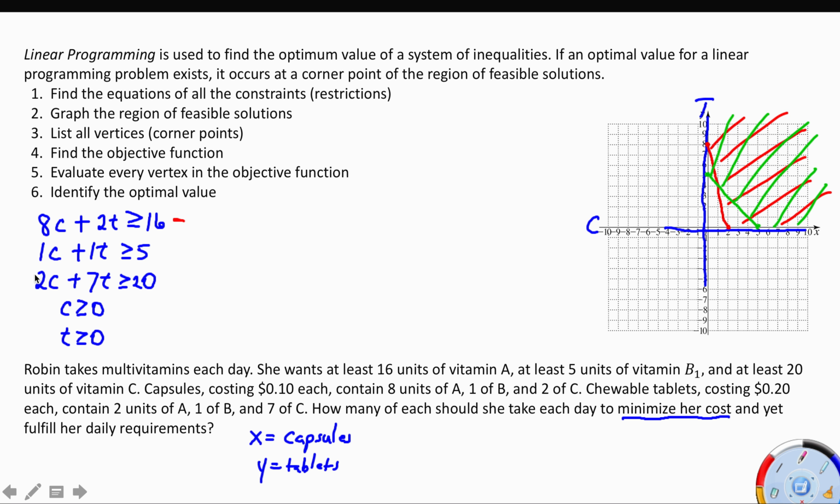Okay. For this one, if C is 0, T is 20 divided by 7, right? Or 2 6/7. Let's see, T is 2 6/7. And if T is 0, C is 10.